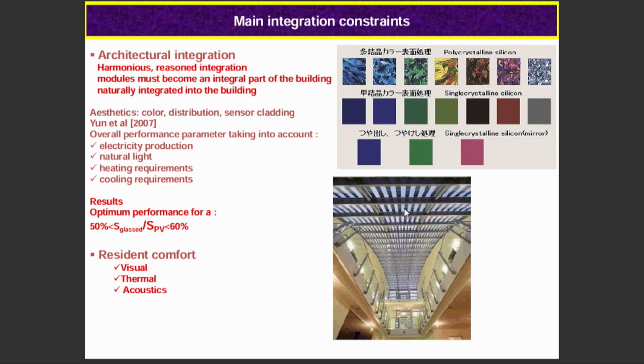You have also natural light, okay? So they don't want, of course, to put some opaque PV panels if they want to play with the light, and there are heating requirements, cooling requirements that have to be met. So, of course, you can't cover all the building with PV, except if it is semi-transparent. And so you have to take care of visual, thermal, and acoustical aspects.